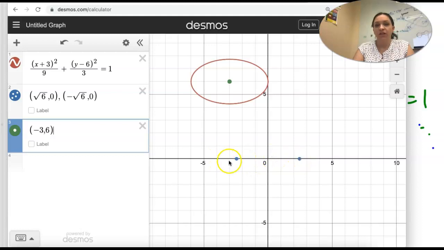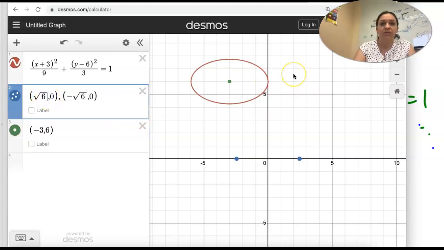So I have to shift these points that same value. I have to go back 3 and up 6. Do you see what I just did? Back 3, up 6. I changed those points.